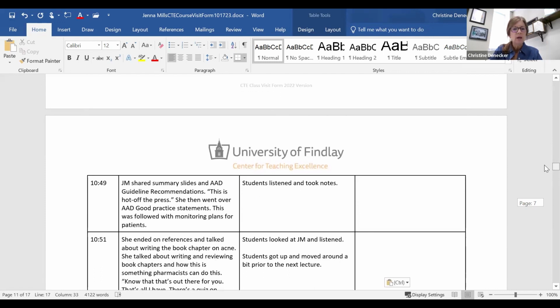She has summary slides and AAD guideline recommendations. This is hot off the press. To me, that demonstrates that she is getting the most up-to-date information. And I don't know if we want to put that in 1A or if we think it should go somewhere else.